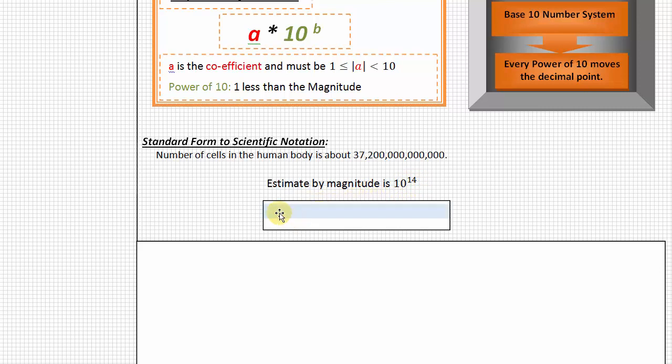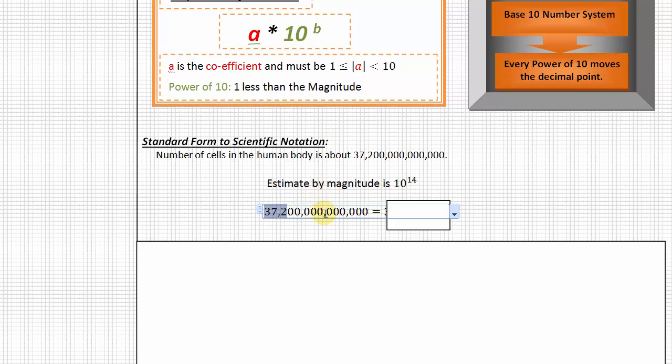So to write that in scientific notation, we want to be a little more specific. Here's our number again, but we want to be more specific in actually using these digits, any digit that is not 0. So we have 372 here, and we need to write it as our first factor so that it has a decimal point where the first digit is greater than or equal to 1, but less than 10.